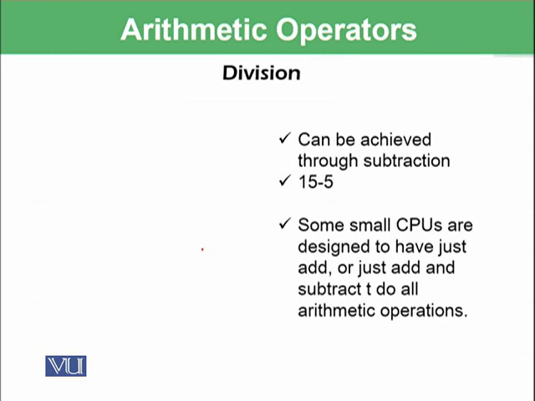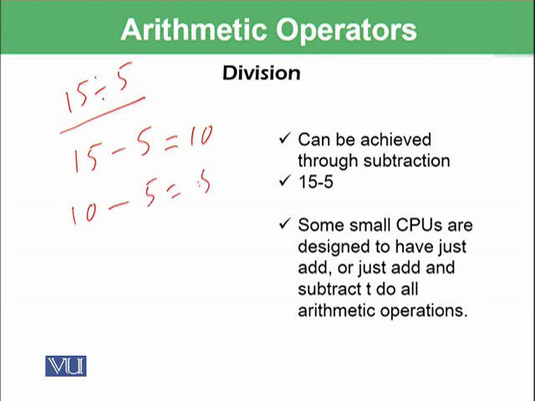And then the division can be achieved through subtraction. For example, we want to divide 15 by 5, we want to achieve this. So what we will do is subtract 5 from 15, that would be 10. Then 10 minus 5 would be 5. Then 5 minus 5 would be 0.